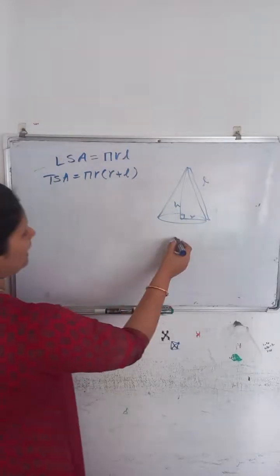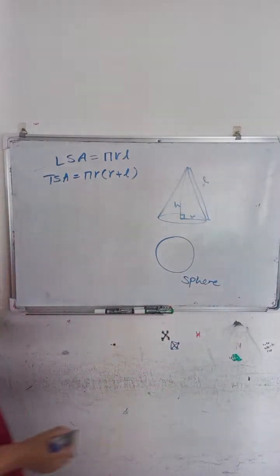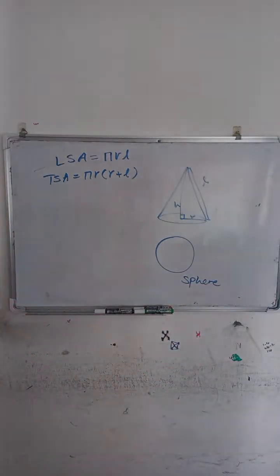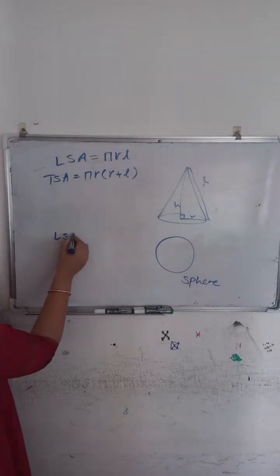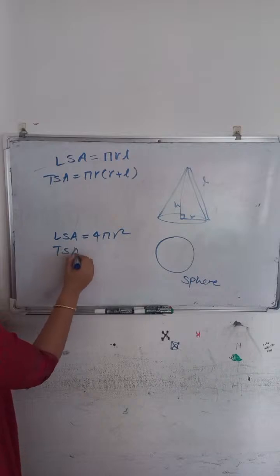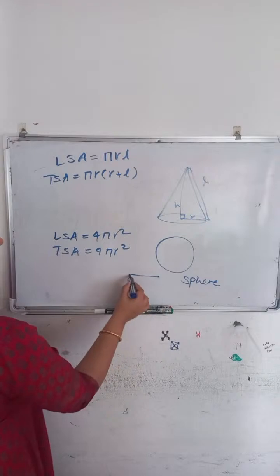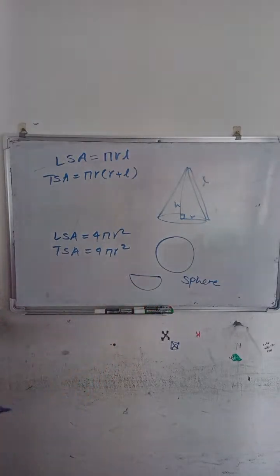Another shape is the sphere, and the surface area of the sphere, that is LSA, is nothing but 4 pi r square, and TSA is also 4 pi r square. If we take a hemisphere, meaning we cut the ball into two equal parts, then the half sphere is known as the hemisphere.